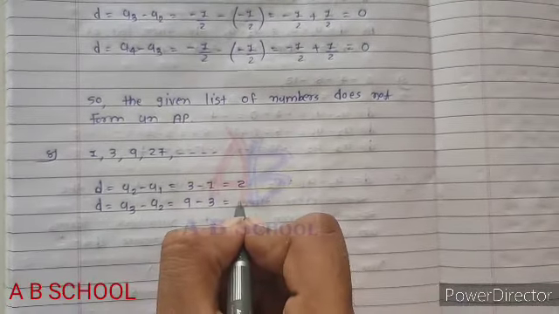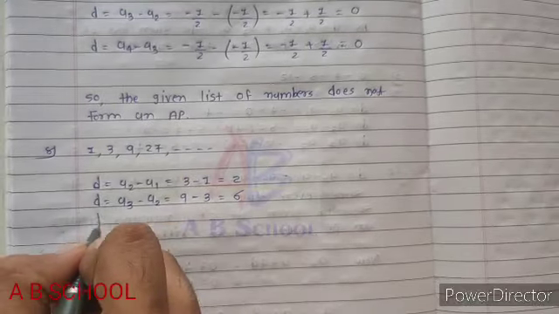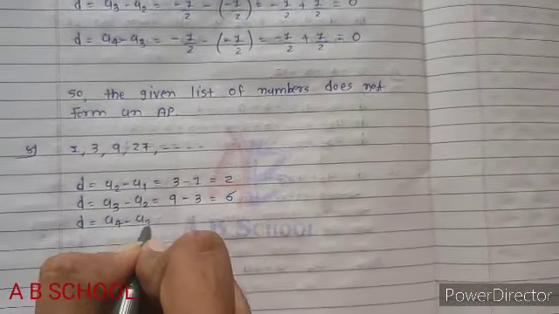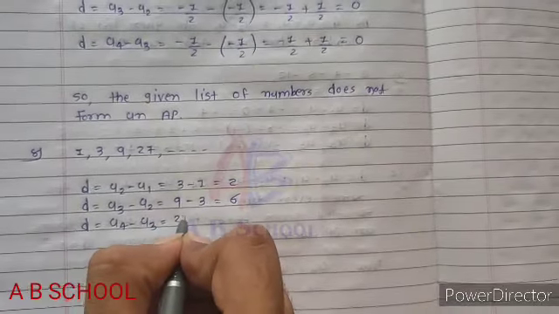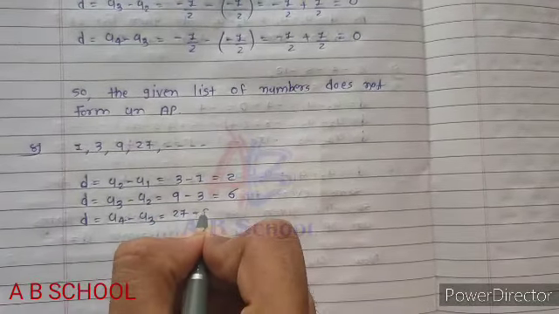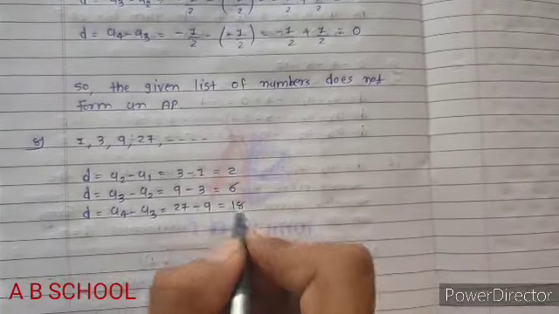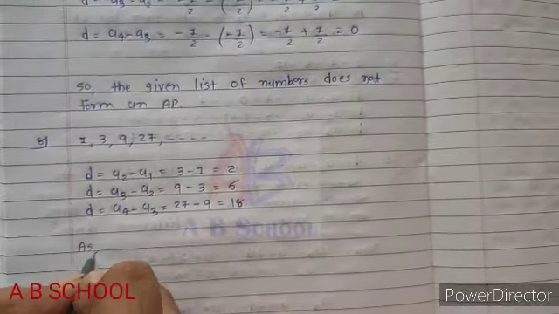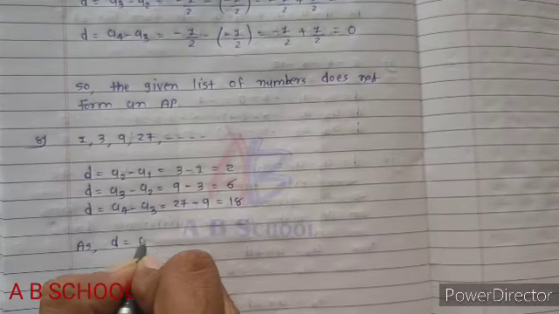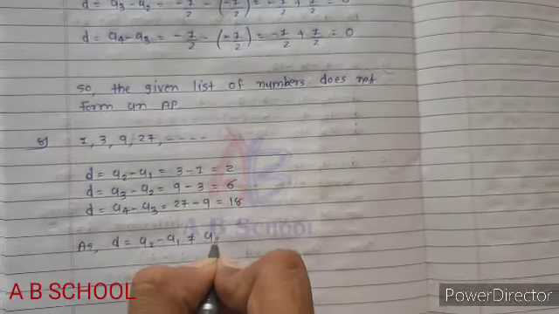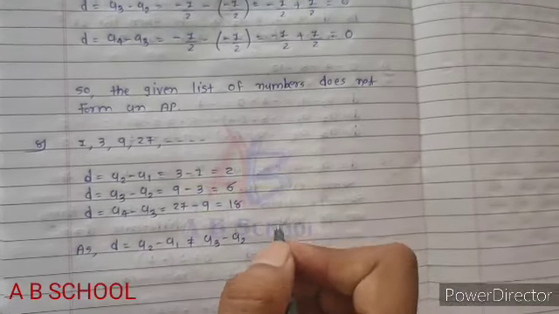So 9 minus 3 is equal to 6. D is equal to A4 minus A3. Value of A4 is equal to 27 minus 9, which is equal to 18. As D is equal to A2 minus A1 is not equal to A3 minus A2.